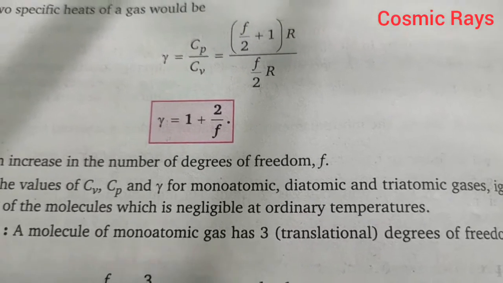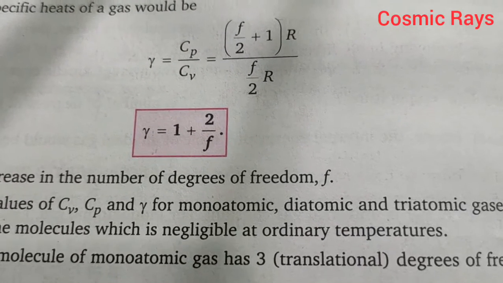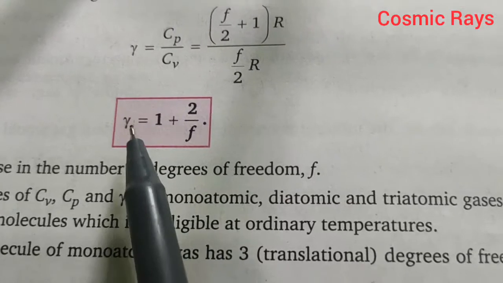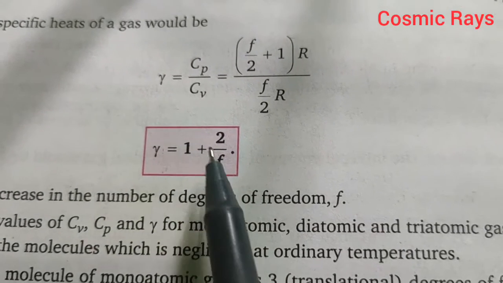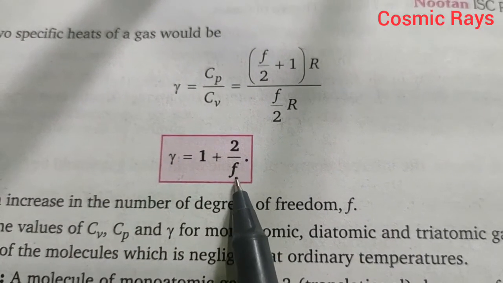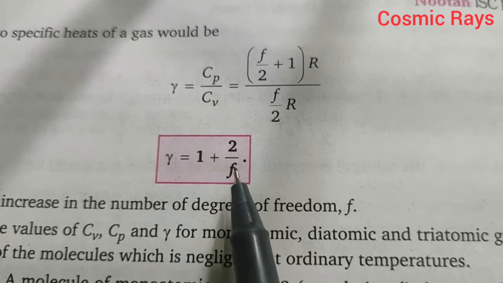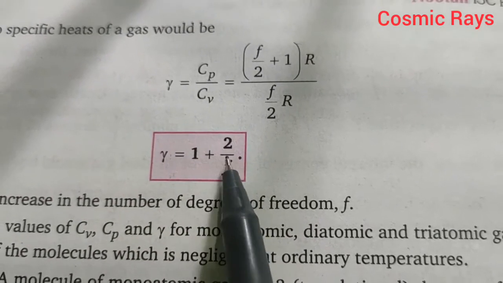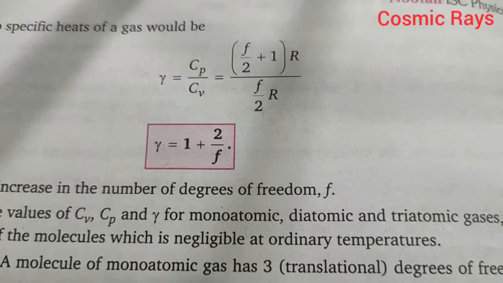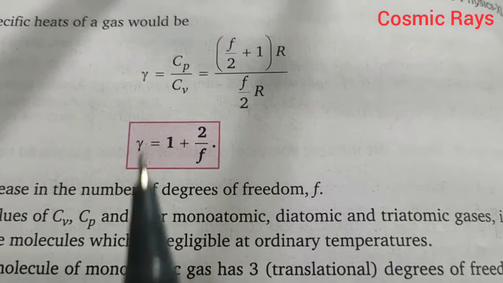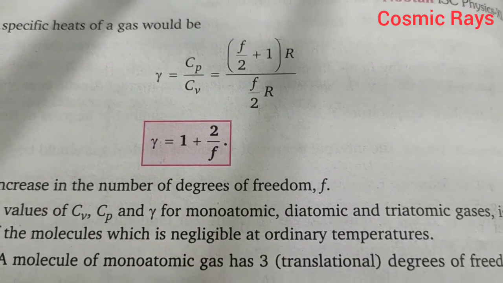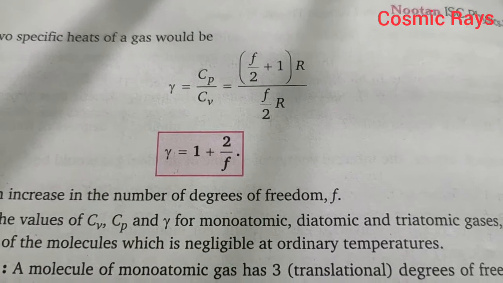So what we conclude from this relation is gamma will be less if the degree of freedom is more. That means gamma decreases with the increase in the number of degrees of freedom. So gamma and degree of freedom are inversely related to each other.